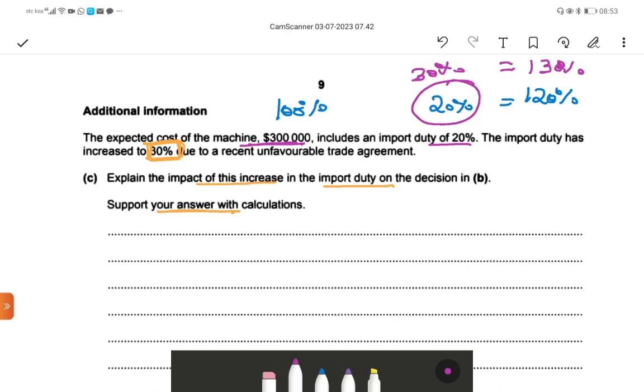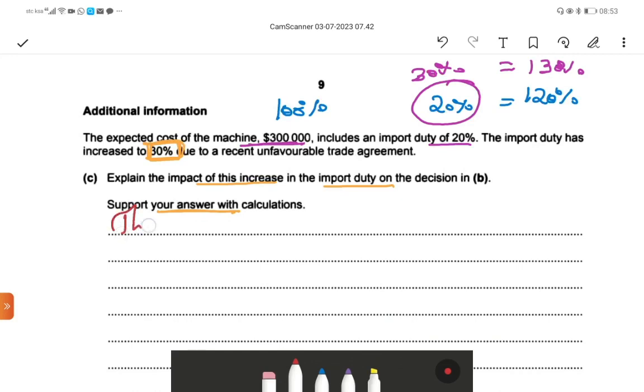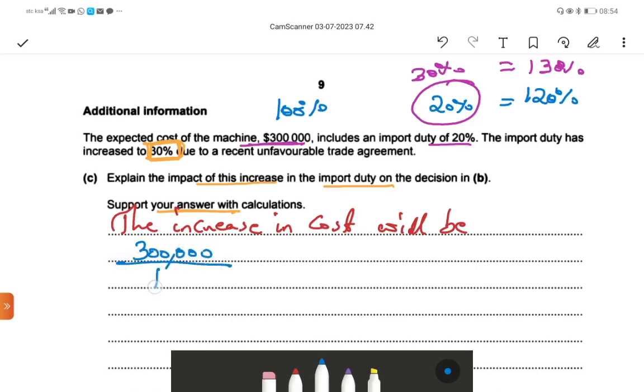The increase in cost will be how much? Before it was 300,000 divided by 120%. Now this is becoming 130%.